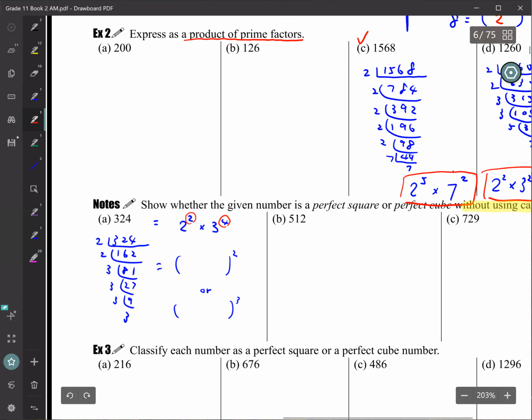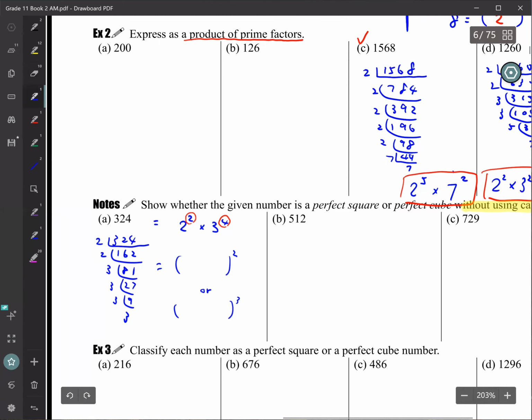Because remember, when you have an exponent on the outside, let's say we have 5 squared to the cube, I can write it as 5 to the 6. I can multiply. So of course I can go from 6 and then break it apart into 2 times 3. So I'm going backwards. I want to break apart the exponent.